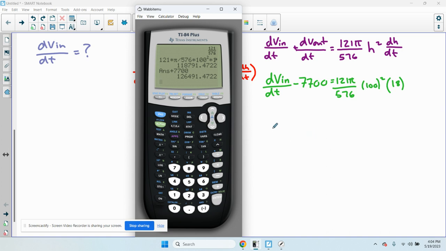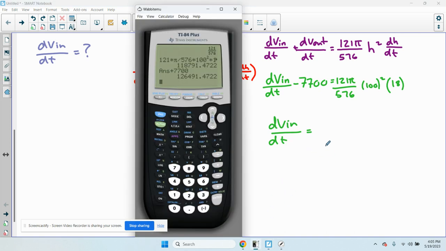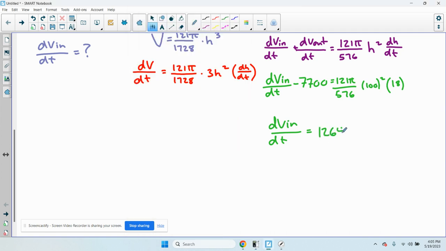So I'm left with dv in over dt equals 12,6491.47. And this is cc's per minute. Okay.